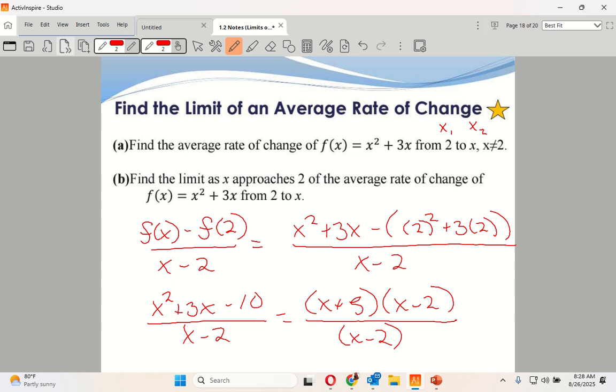What could I do in here now? I can cancel that. So I get x plus 5.